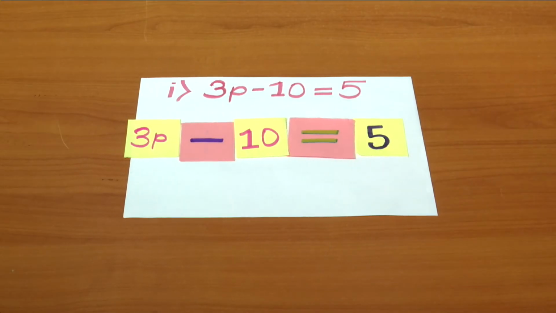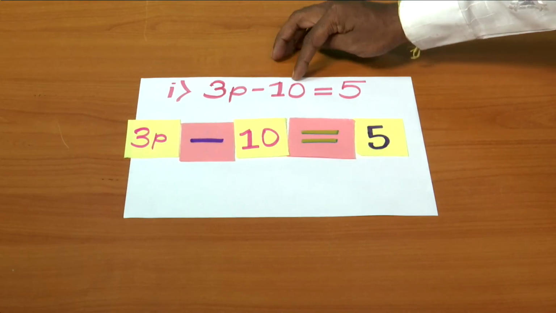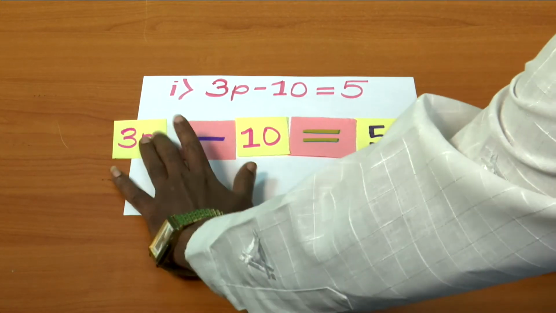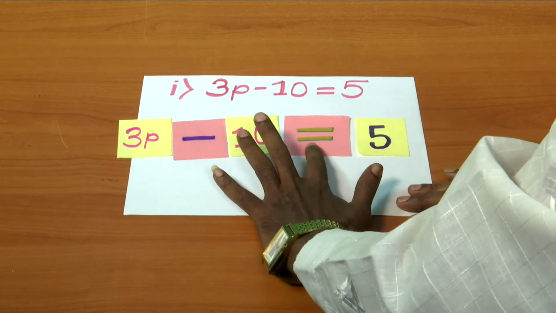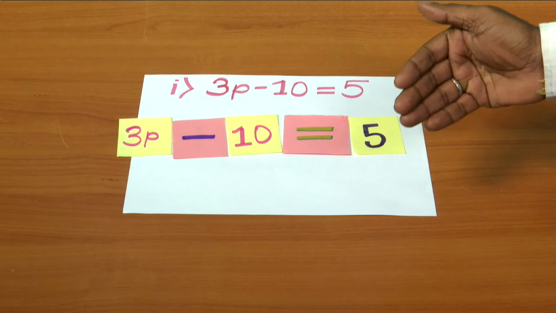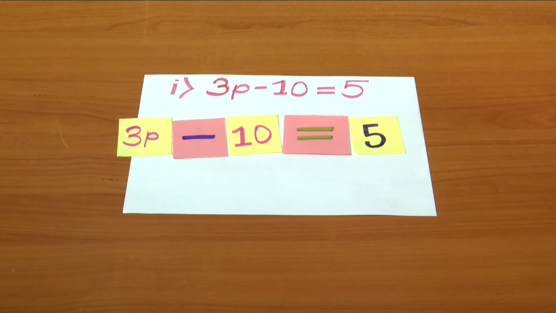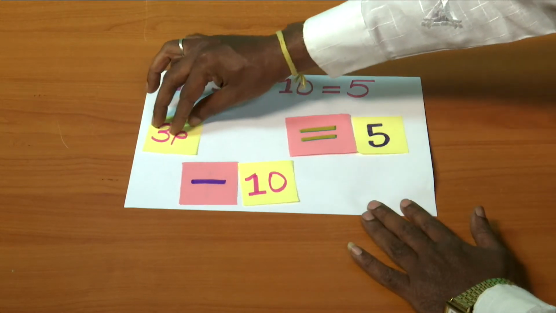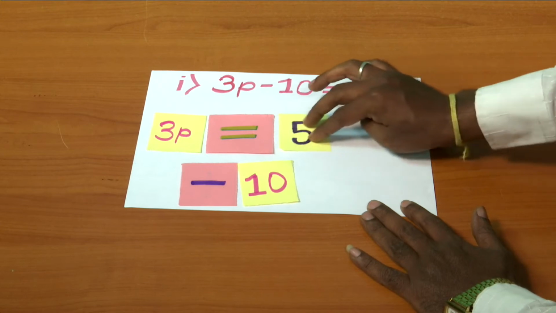First question, 3p minus 10 is equal to 5. When minus 10 comes to the right side, that is LHS to RHS, what happens? Then 3p is equal to 5.